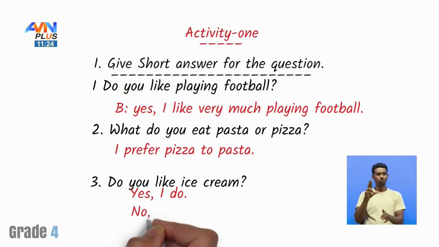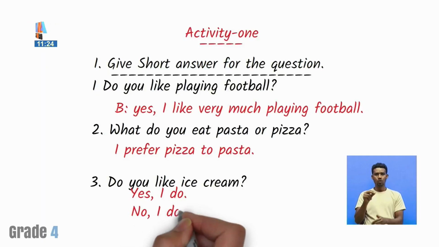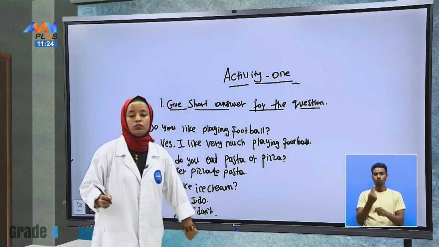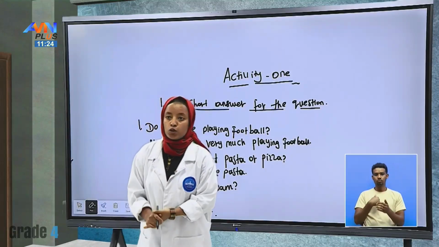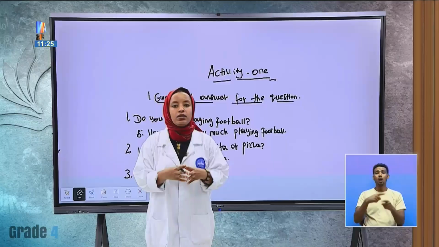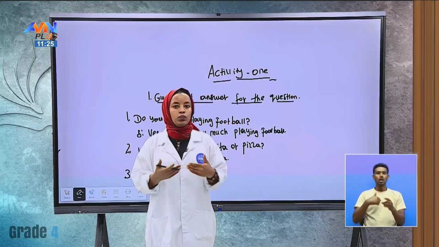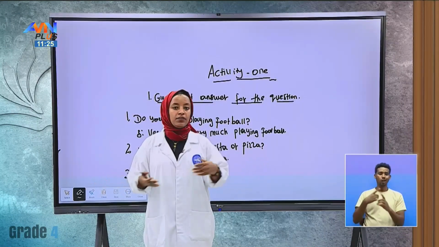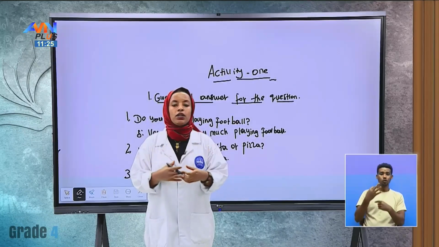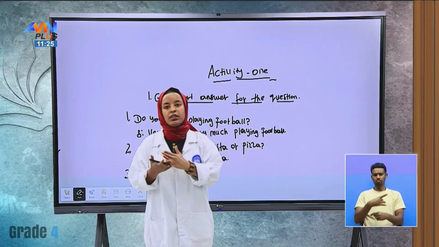No, I don't. And also you can use I dislike. When we come to like and dislike, you can use I do or I don't. That is the vocabulary of like and dislike.